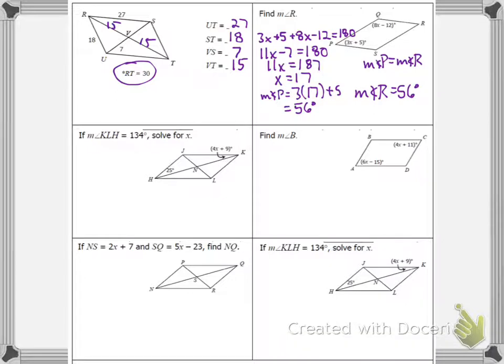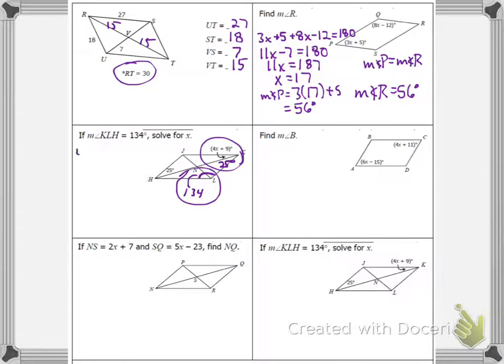For our next problem, we know that angle KLH is 134. So we have 134 here. Now, 25 at JHN is alternate interior, so this angle is also 25 at LKN. And what I'm looking at now is the sum of these two angles and the 134 are supplementary.